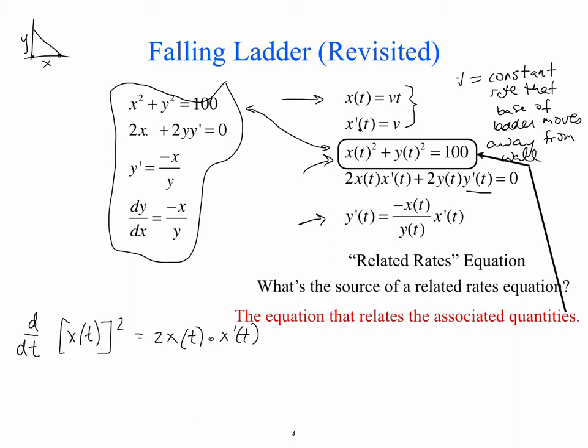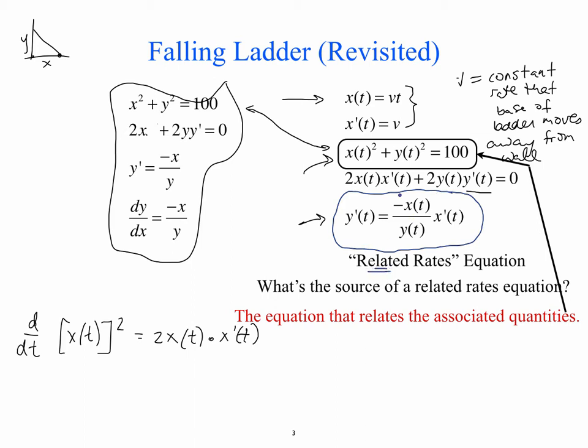So once we have this formula, we can differentiate with respect to time to be able to talk about the rates of change with respect to time. Is that helpful? Once again, the thing I'm trying to draw your attention to is that we ended up with an equation that related rates of change, hence related rates.